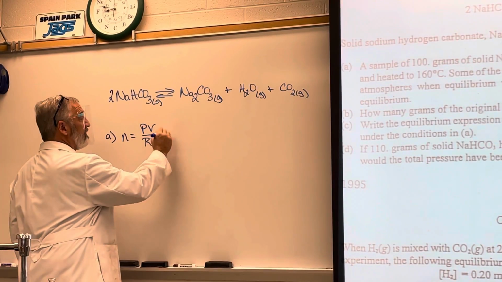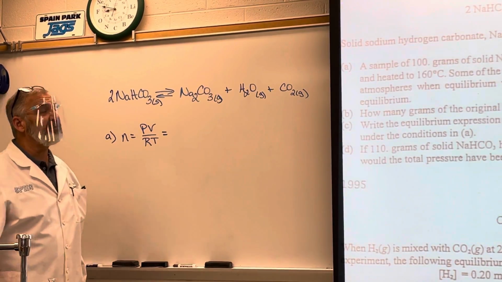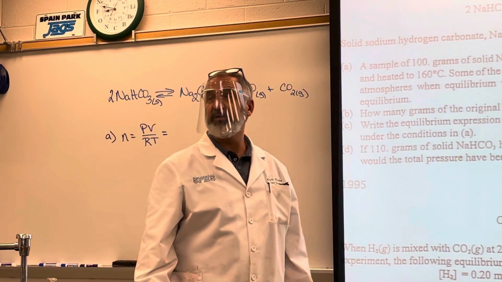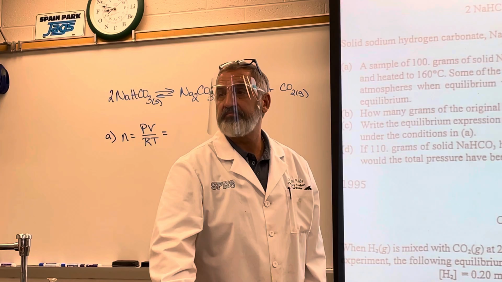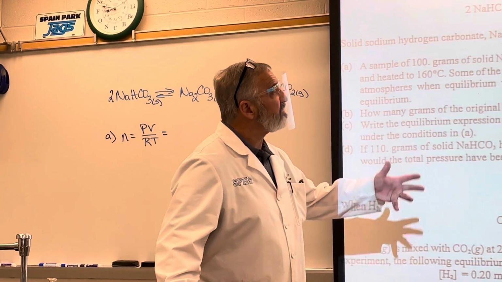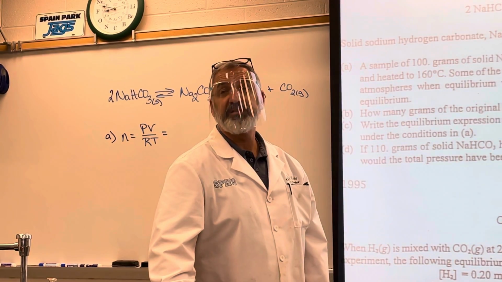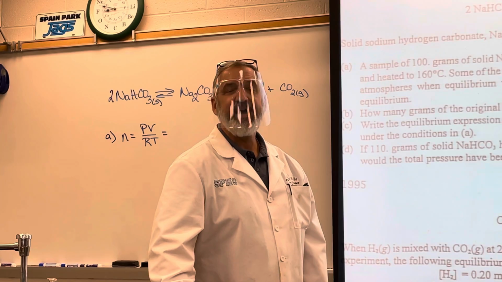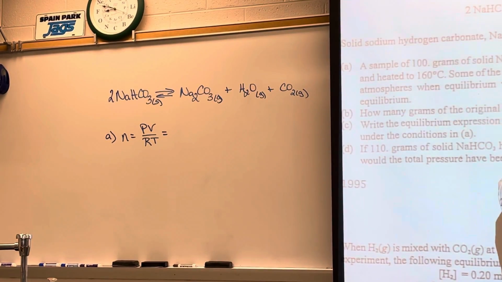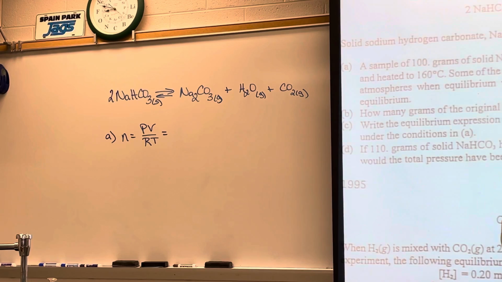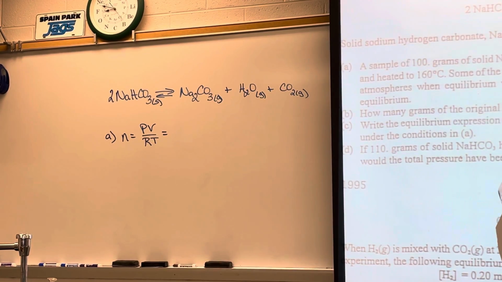Well, what's the pressure of the hydrogen gas going to be? The total pressure is 7.76. It's going to be half, because for every one of these, one of those is formed. So we have equal amounts of the gases being produced because we had 0 to start with.